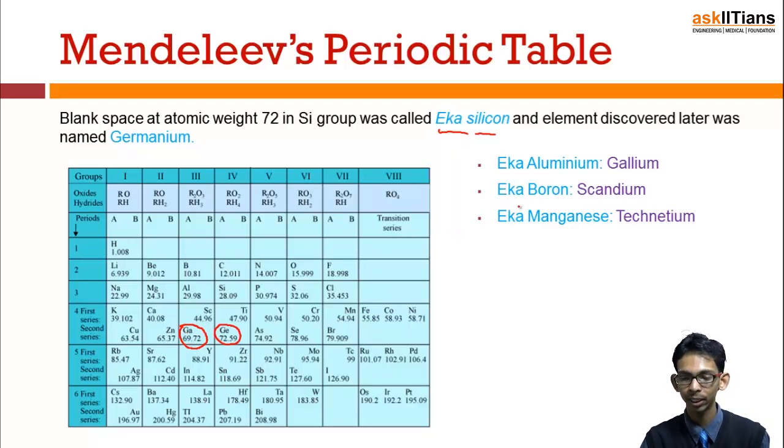Similarly, another space was left empty in the boron family, and it was known as Eka boron, and today that element is called scandium. This one. Similarly, Eka manganese was the empty space left for technetium, and it is here. So these were the empty spaces which were left, and these elements were predicted by Mendeleev's periodic table.